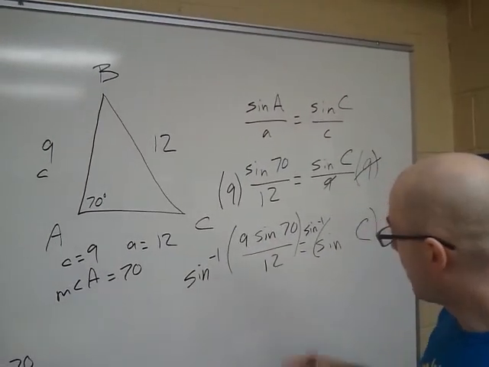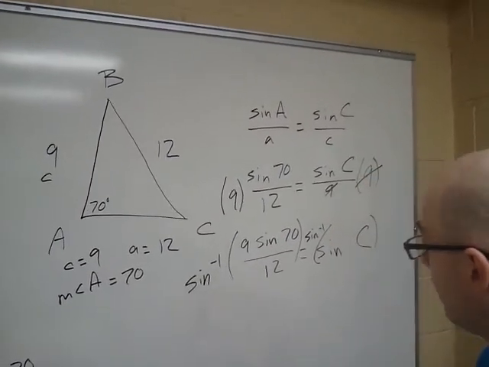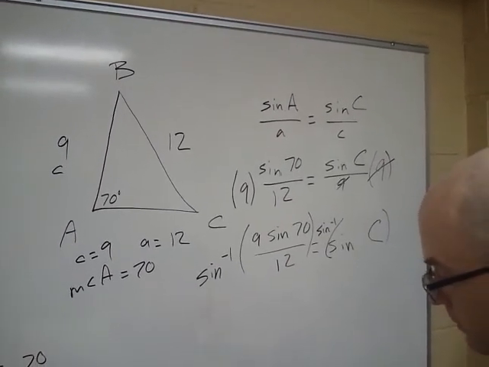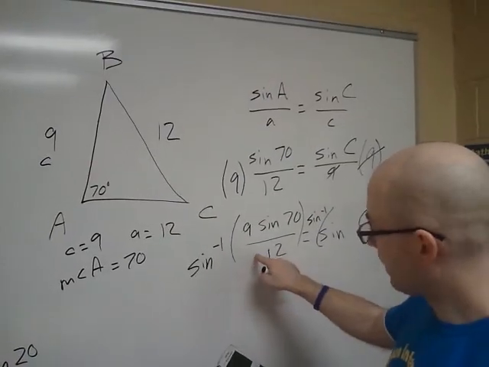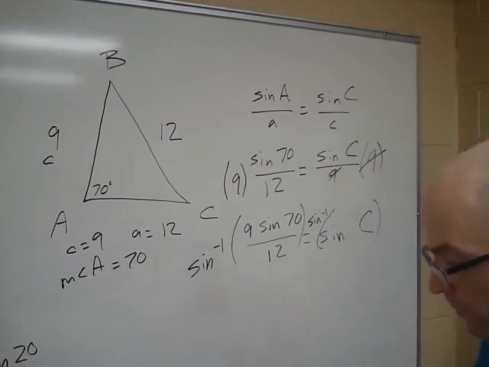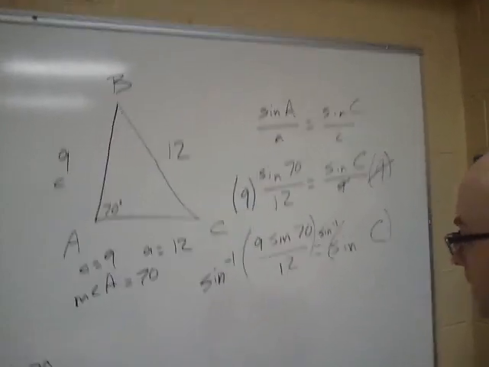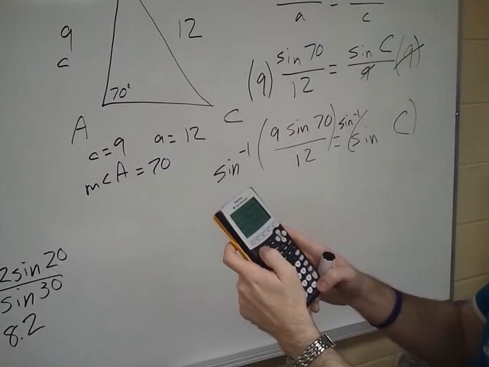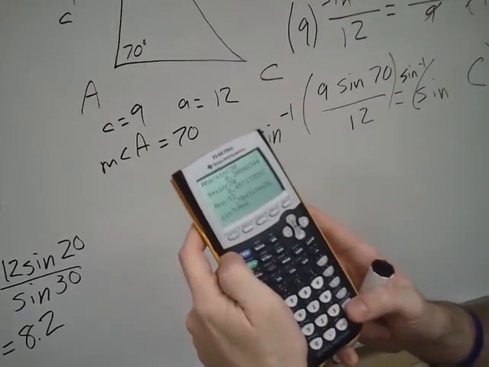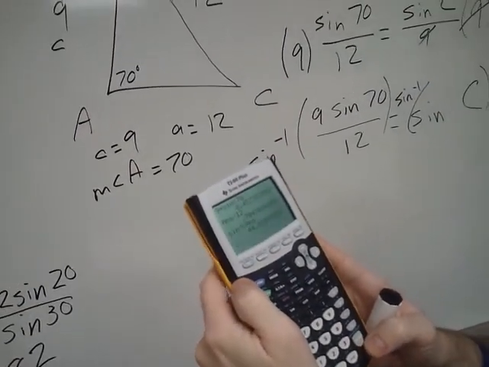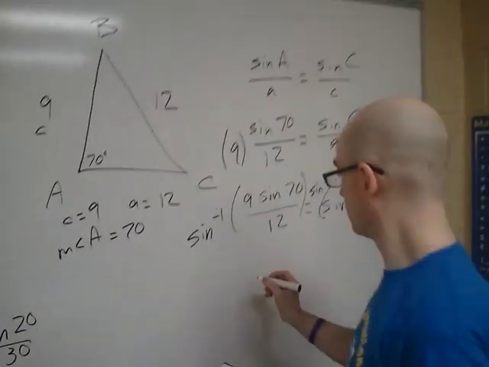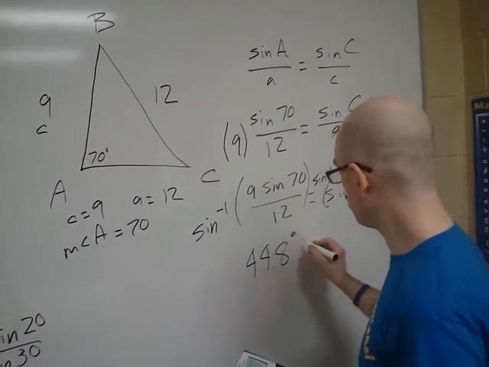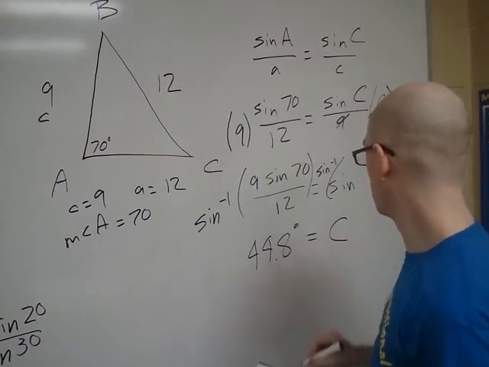So I take 9 times the sine of 70, divide that by 12. That gives me approximately 0.7048. I take the inverse sine of that, and that gives me 44.8. It's actually degrees, and that is what my C is.